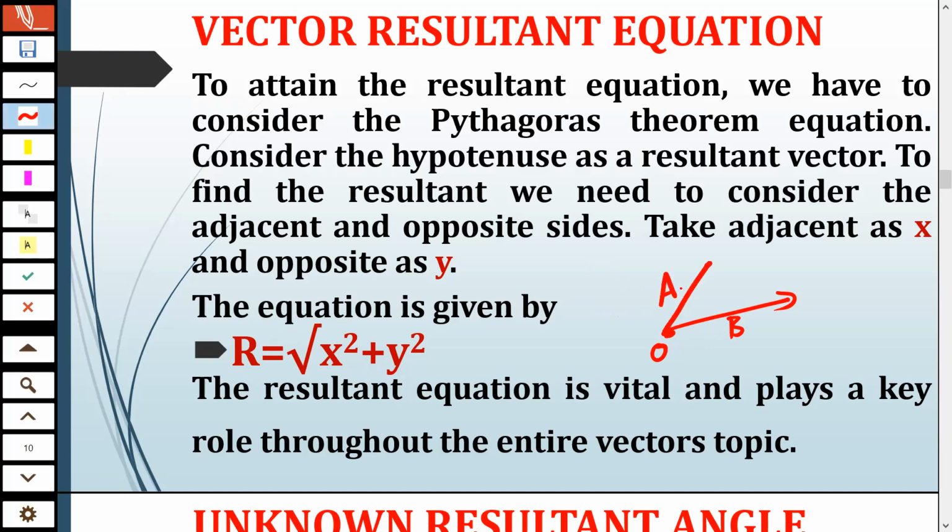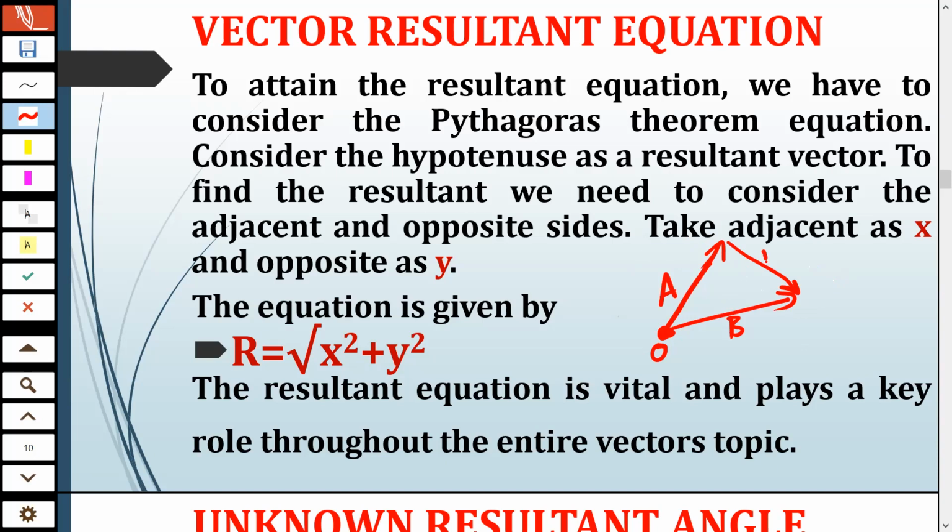So if you have vectors A and B there, and you're trying to find the resultant vector R for vectors A and B, there are two ways you can do that. Okay, not really two ways, but if the vectors are coming from the same origin, if they are position vectors, you simply have to follow the direction of the vectors.